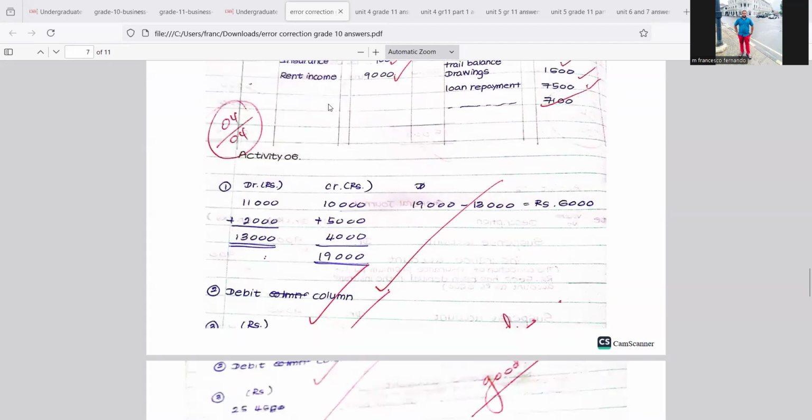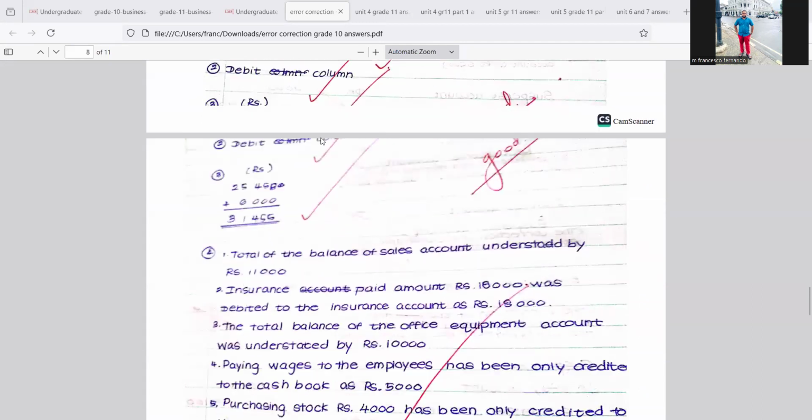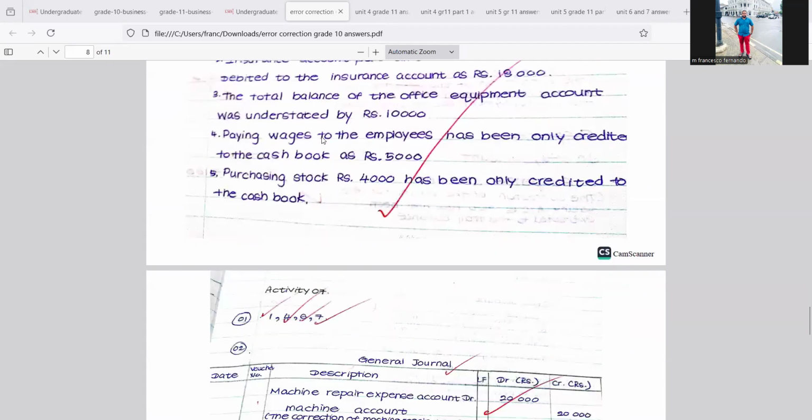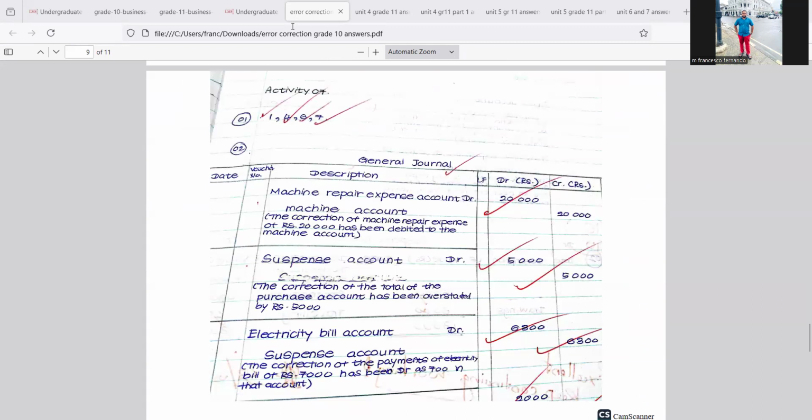So then here, this is the activity 6 answer. And this is the answer for activity 7. So sometimes you will be asked to mention what are the errors affecting or not affecting the agreement of trial balance. So there was a past paper question as well, if I remember, A/L 2017, right?